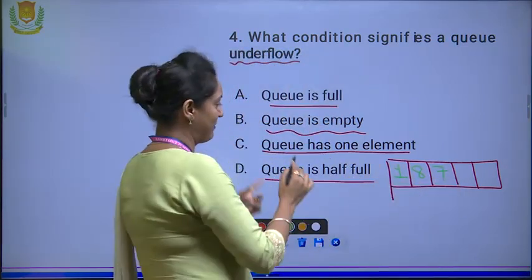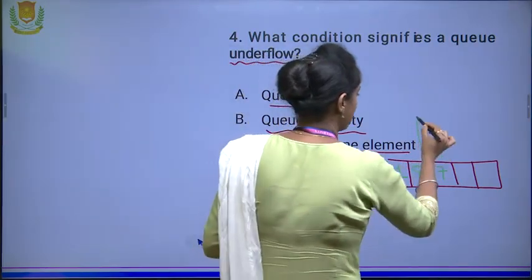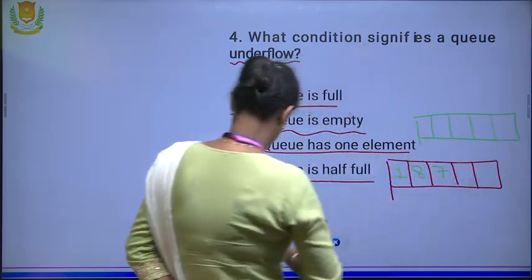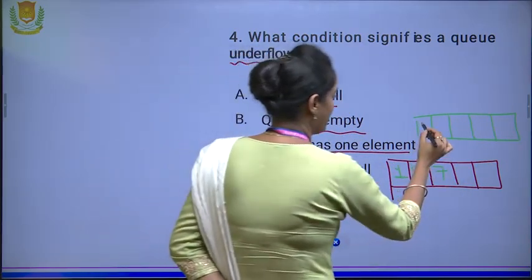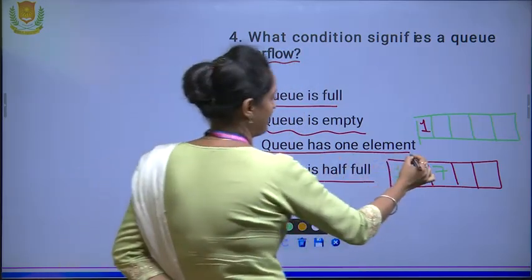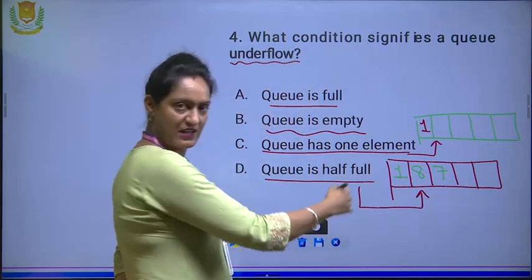Queue has only one element, that means only one element I have, right?